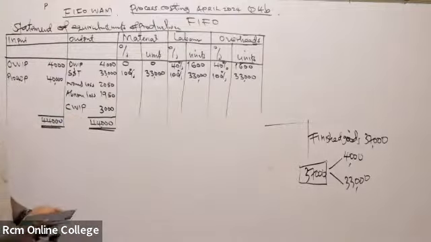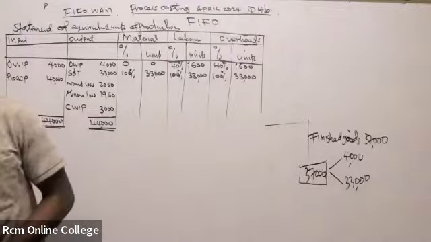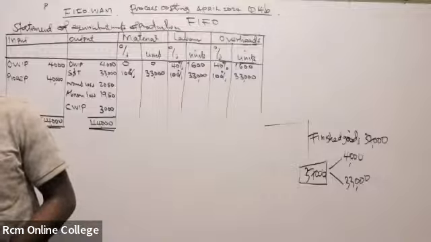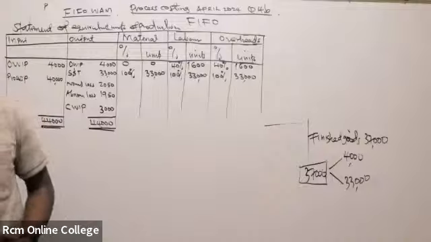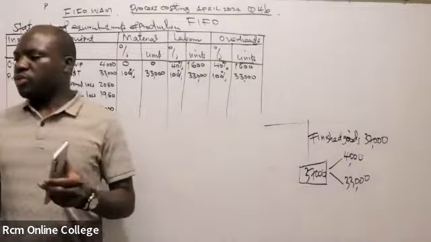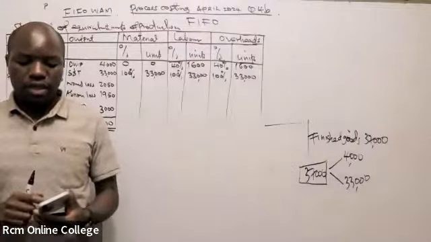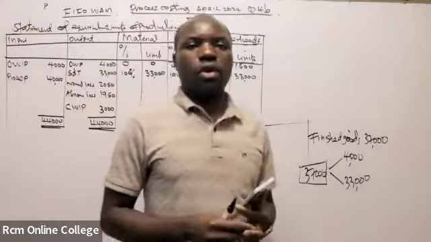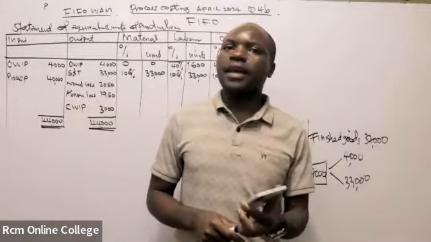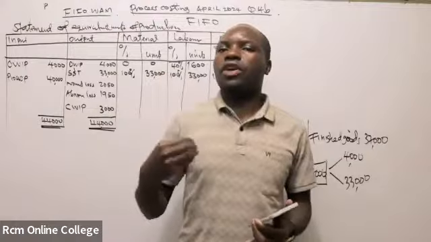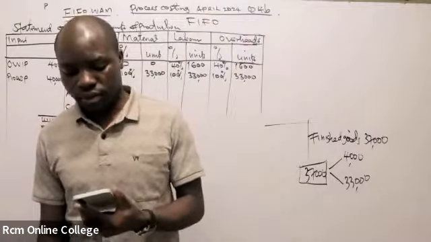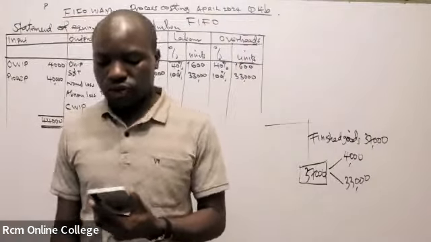Good. Then the next thing, let's go to normal loss. When you want to get the valuation of your inventory, when you want to get the process cost, the process expenses, what did we say about the normal loss?